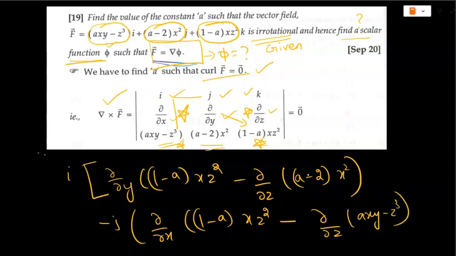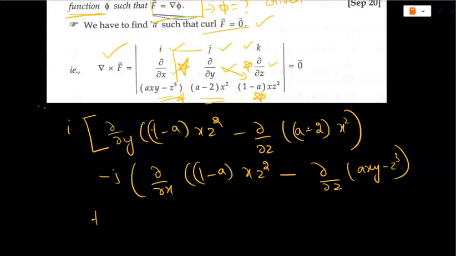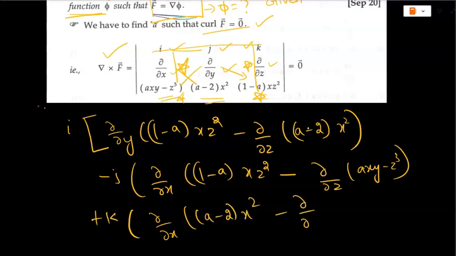And your last term, plus k into, leave this k row and k column, and left over is these two: del by del x of a minus 2x square minus del by del y of axy minus z cube. Remember that this is already given to be equal to 0, so we have to simplify and equate the terms.